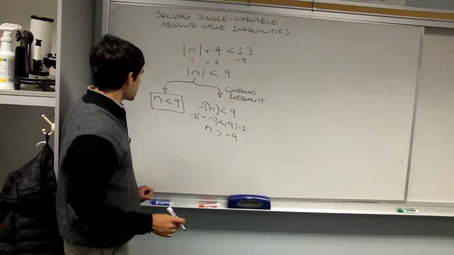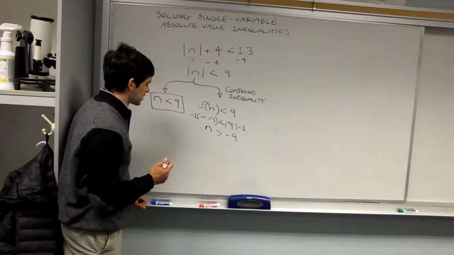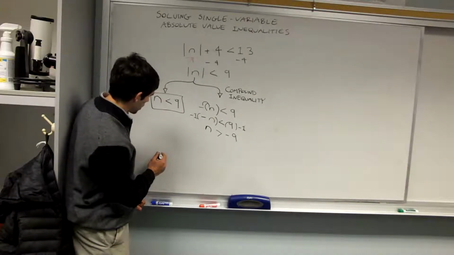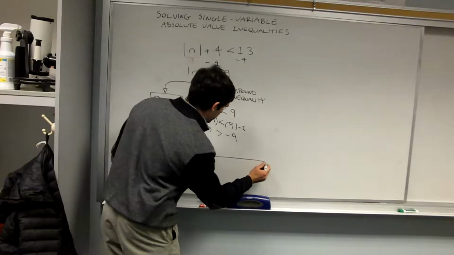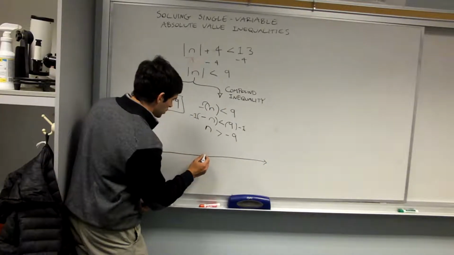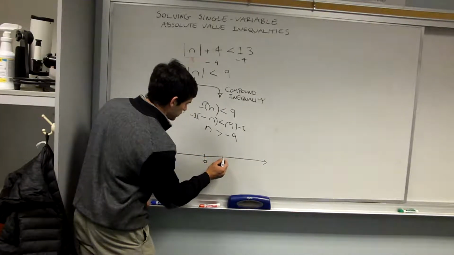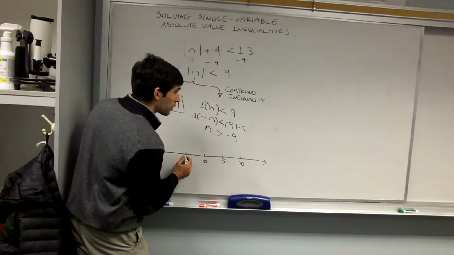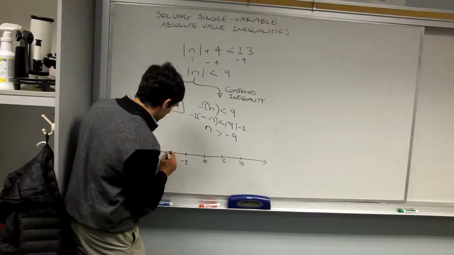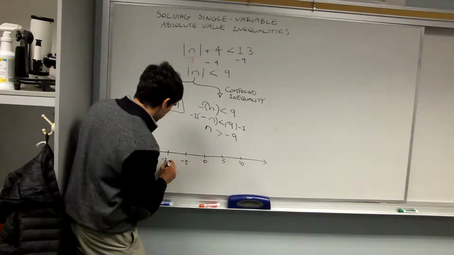So let's graph this on a number line. We'll have our number line here. We'll have 0. We'll have 5. We'll have 10. We'll have negative 5 here. We'll have negative 10 here.